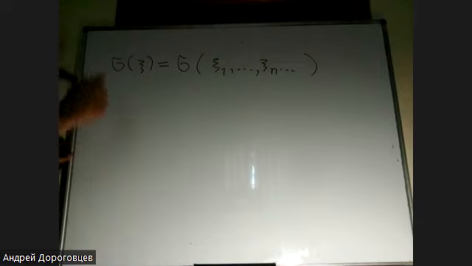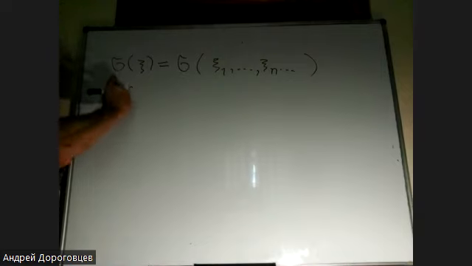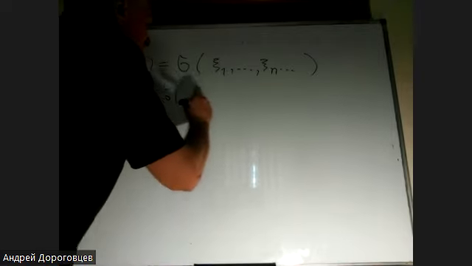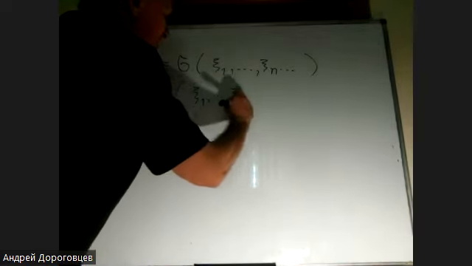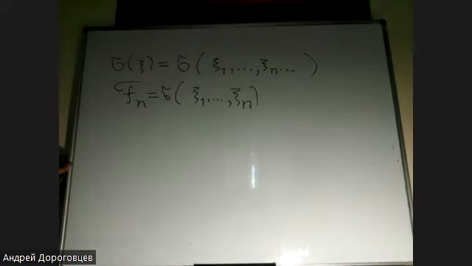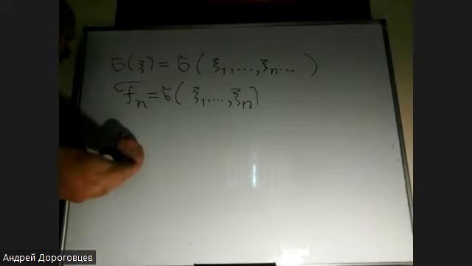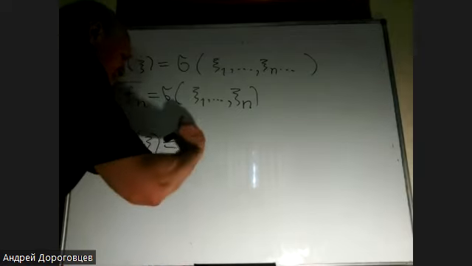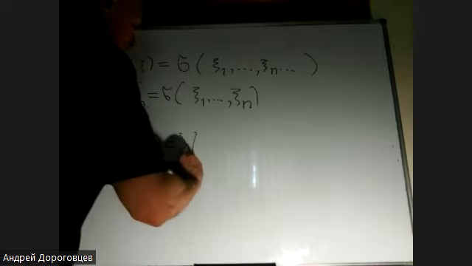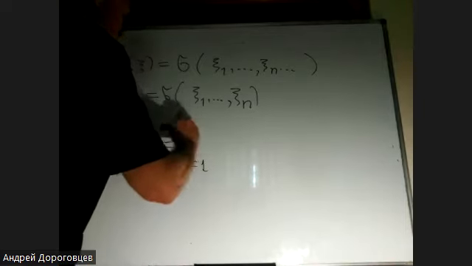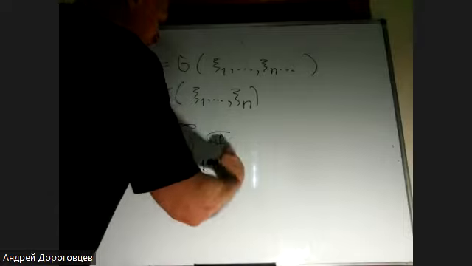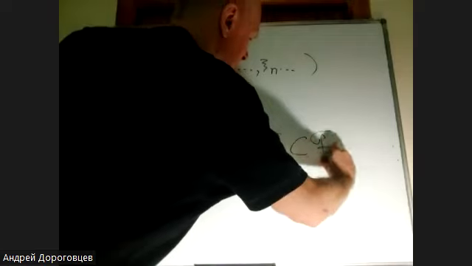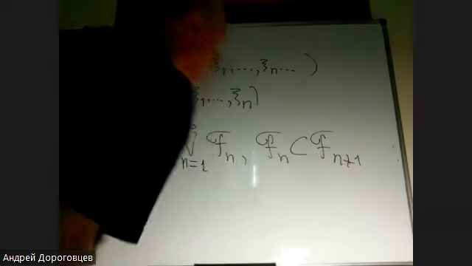And let me introduce F_n, which will be the smallest sigma field generated by psi_1, ..., psi_n. Then, of course, I know that sigma(psi) is the smallest sigma field generated by the union over n of F_n. I know that F_n is included in F_{n+1}.